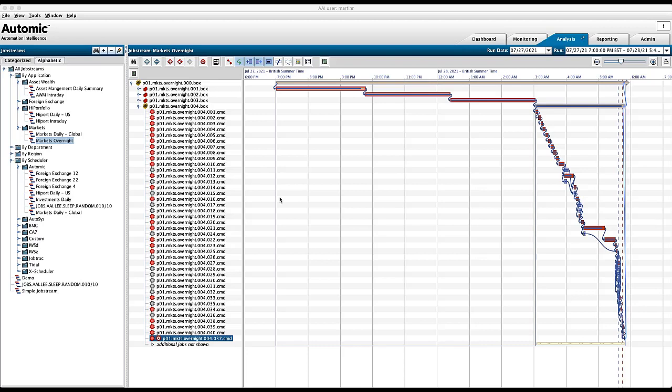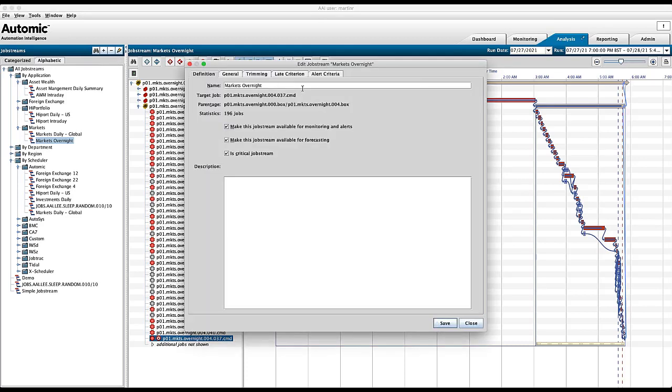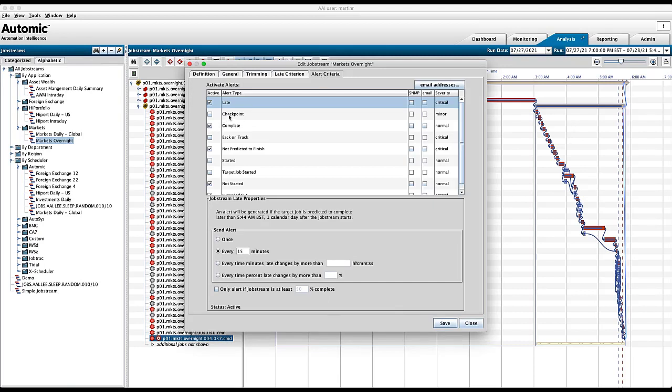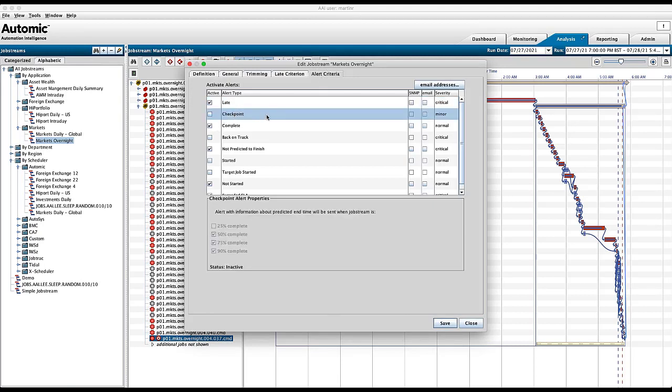So checkpointing can be facilitated by one of the alerts that is available in the definition of a job stream. It is called a checkpoint alert, and it allows you to basically receive an informational alert at certain points in the execution of a job stream. So any one of these percentage levels could be enabled.